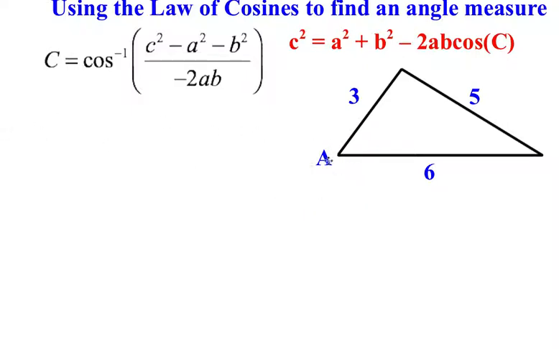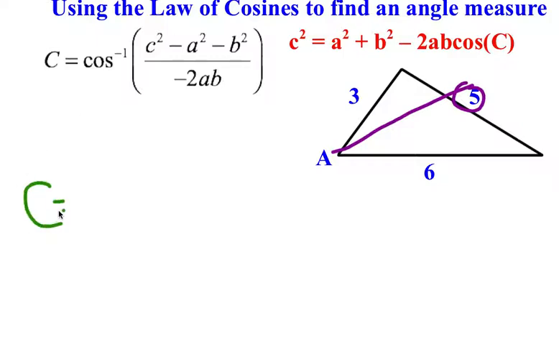So if I wanted to find this angle, I need to establish what is opposite to that angle, which would be the 5, and that would be the side that is going to go in for the quote-unquote c here in the equation, meaning my setup will look something like this.